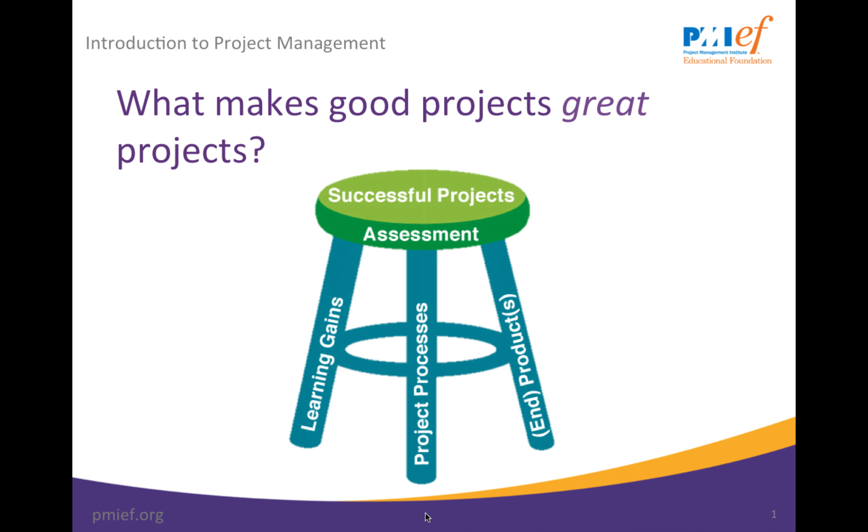The next overall component of the stool represents assessment, how we decide if the project was successful. So the first leg of the stool represents the learning gains, and this includes any standards you are obligated to address, as well as any other learning objectives you have identified for your project. The second leg of the stool represents end products.